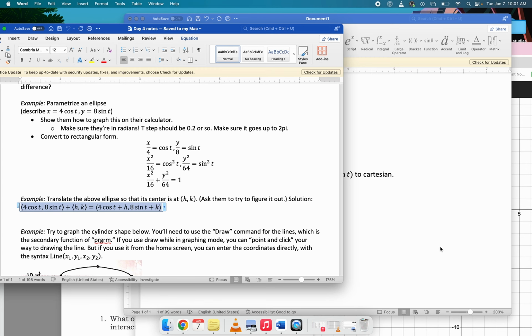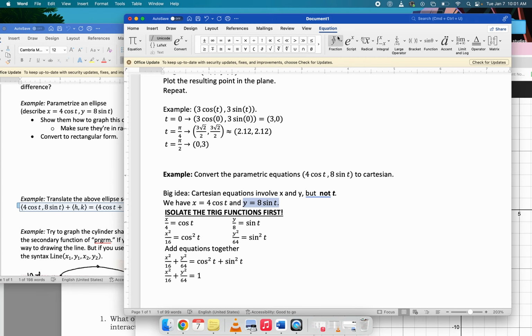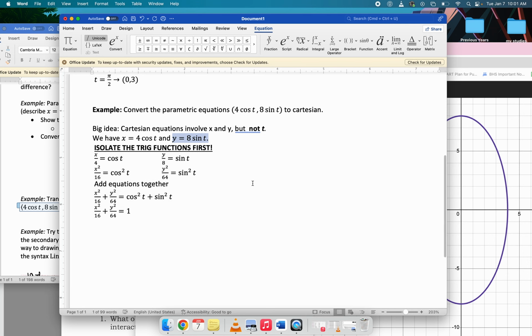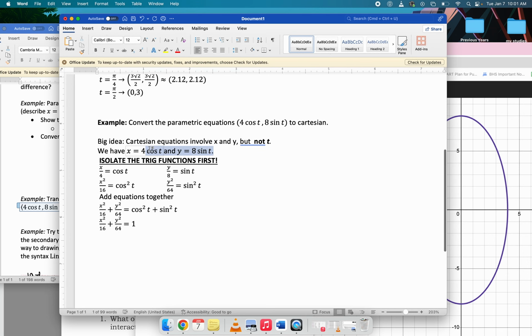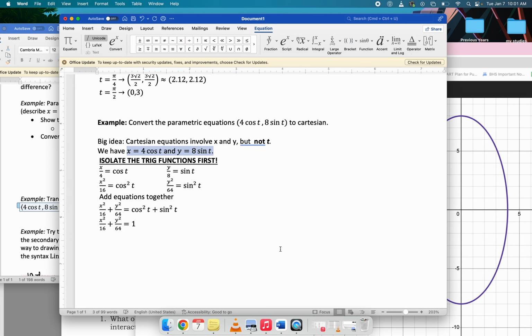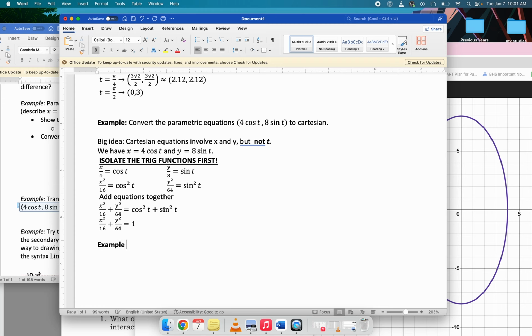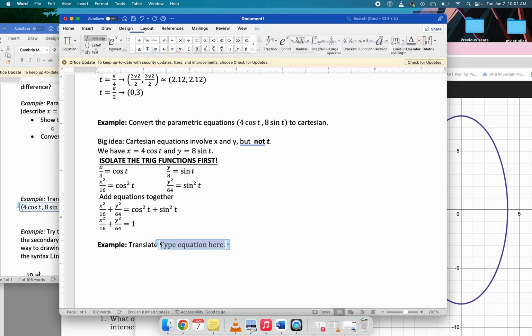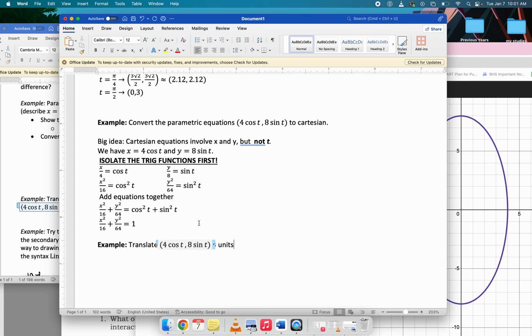So if we wanted to take the ellipse that we've been working with, 4 cosine t, comma 8 sine t, and translate it, let's say 3 units left and 2 units up, it's very easy to do that.